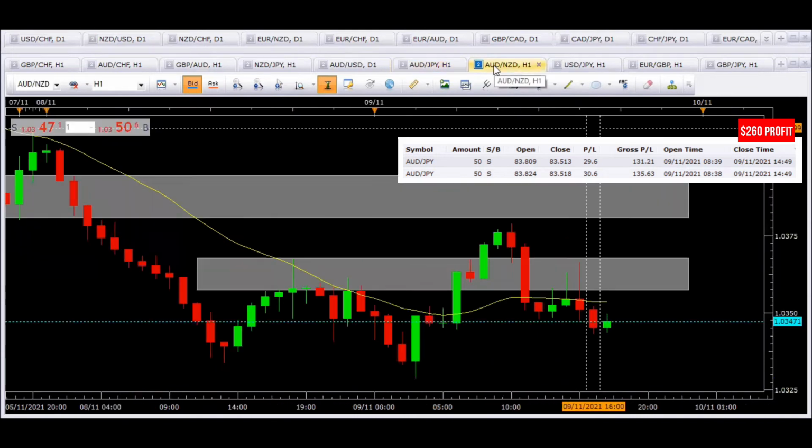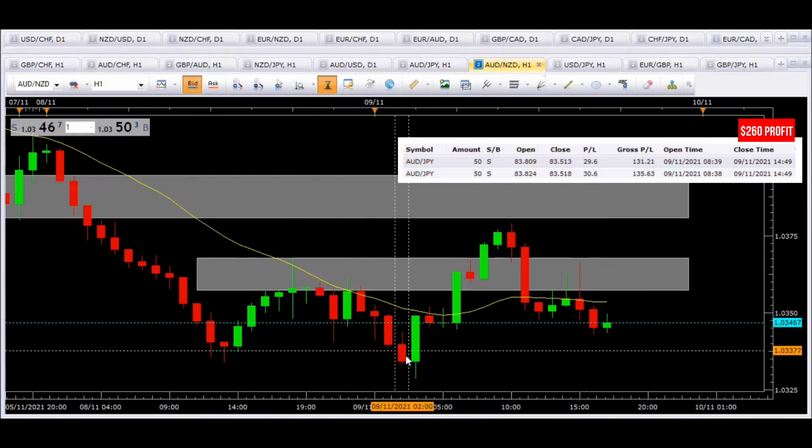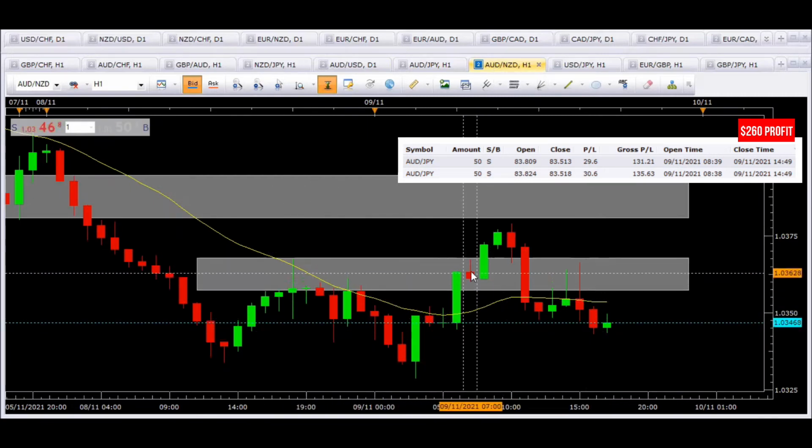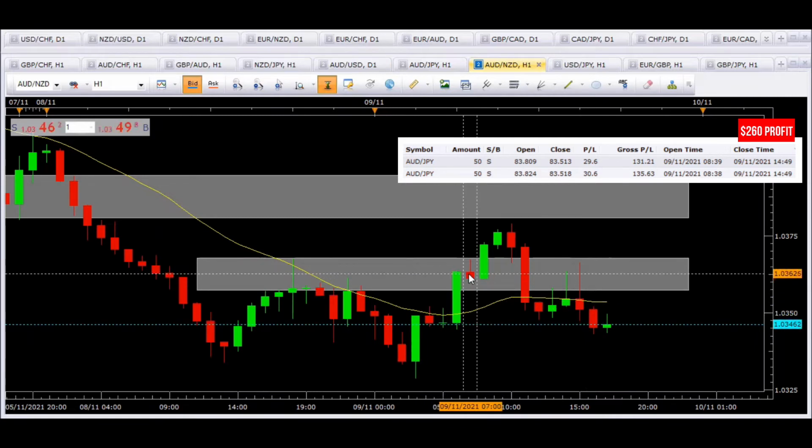The next trade we looked at, guys, was the Aussie dollar New Zealand dollar. As you can see, we were looking for price to react at this grey zone. We did get a red candlestick here, but that is not a bearish candlestick pattern, especially after this strong green candle into the zone.